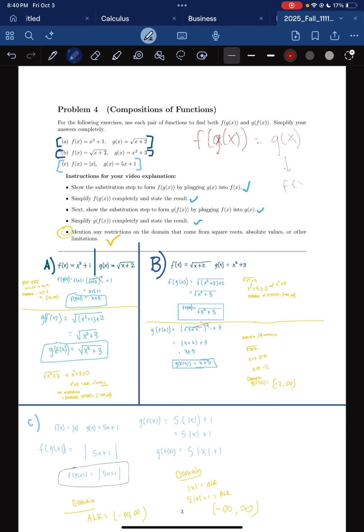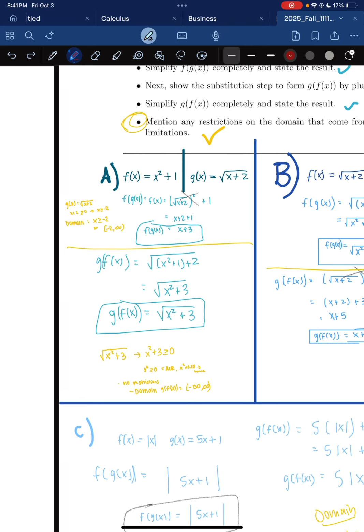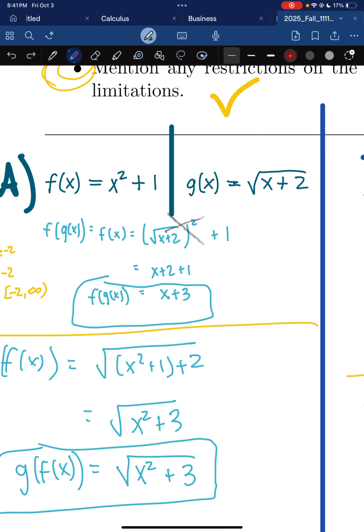into f of x. So let's dive into how we can do that, because I know that sounds a little complicated. So we're wanting to find the whole thing, f of g of x. So we have f of x for the first one, which is f of x equals x squared plus 1. Okay?